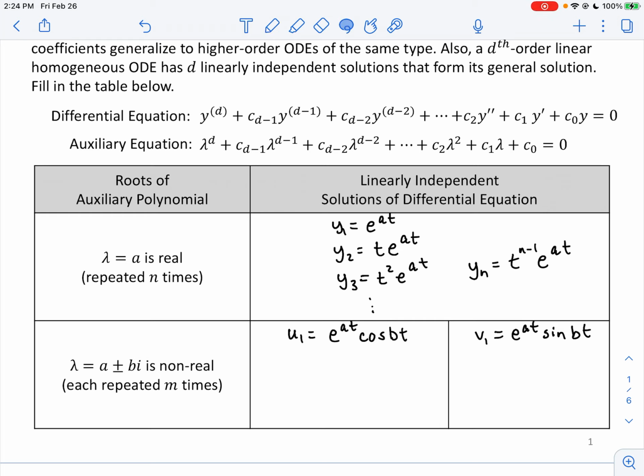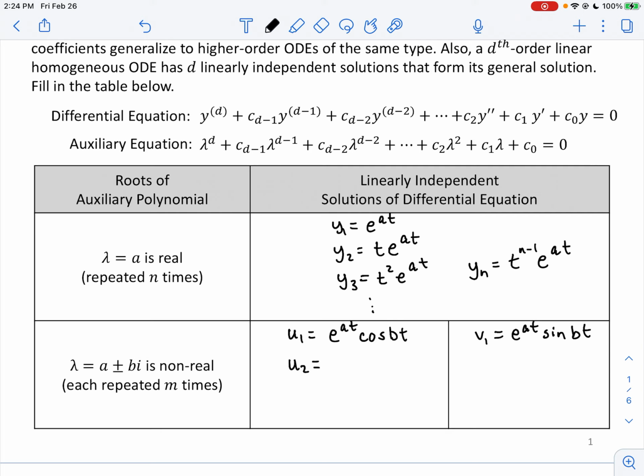Okay, we saw this be the case when we had just a simple second order linear homogeneous differential equation. But now we're going to suppose, since we can have more roots because we have a higher degree equation, what if this same a plus or minus bi is repeated m times? So then we're going to get multiple copies.